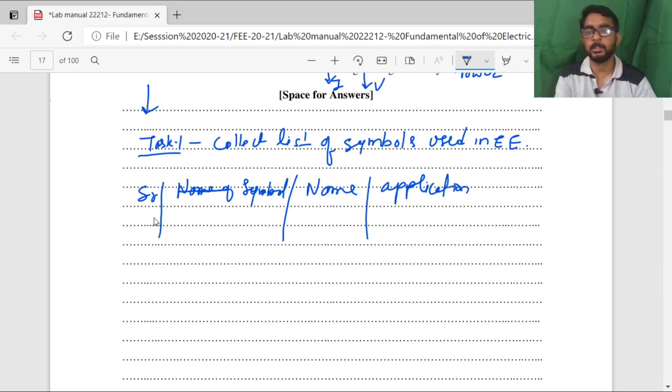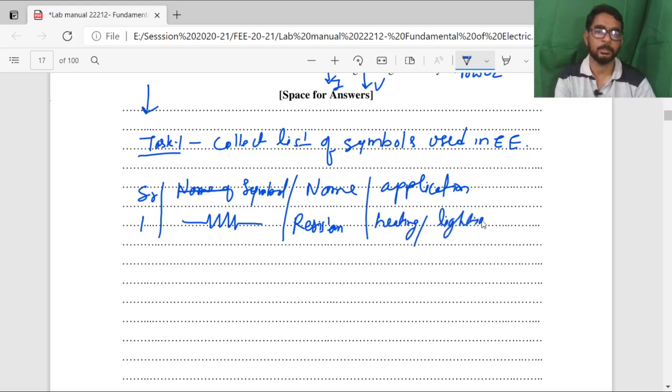So, let us assume serial number 1, this is the symbol. Now, what is the name of the symbol? The student can write here resistance. What is the application? It is used as a heating load or as a lighting load. In this way, the student can perform task number 1 in this pandemic situation.